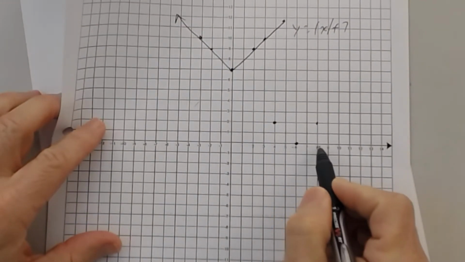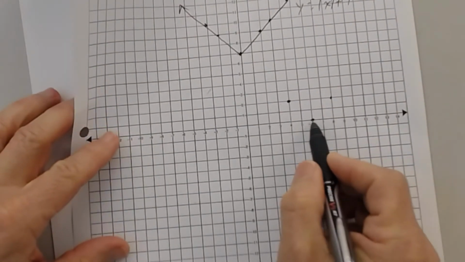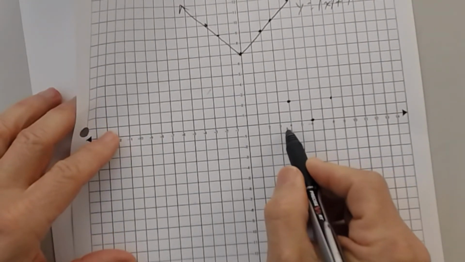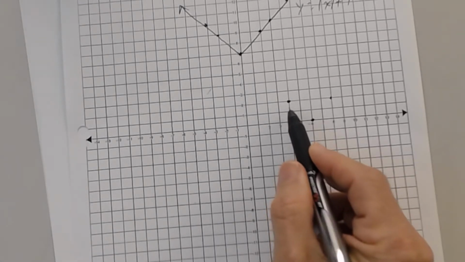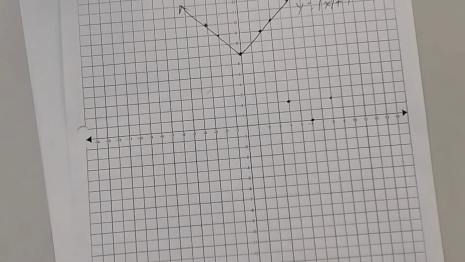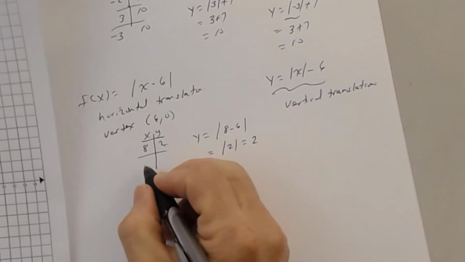All right, so let's check it. Remember, I went from 6, I went 2 units to the right, I got 8. That's what this is, right here. And my y value is 2. So if I go 2 units to the left, x is 4, and my y value better still be 2. You don't have to check it, but you can. So let x be 4.